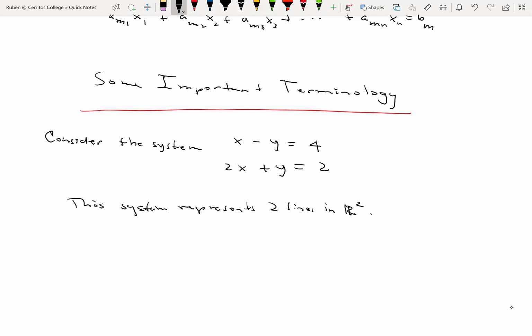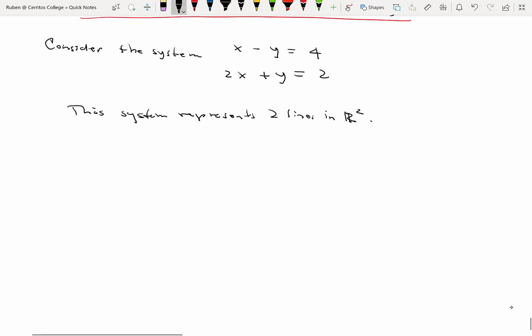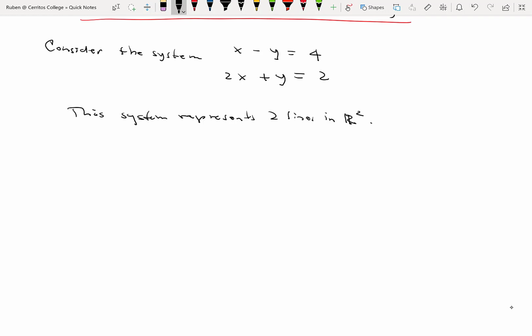If you've had Calc 3, R2 is called two space. Two lines in R2. These lines intersect. Okay, I'm going to take my word for it for now. These lines intersect.